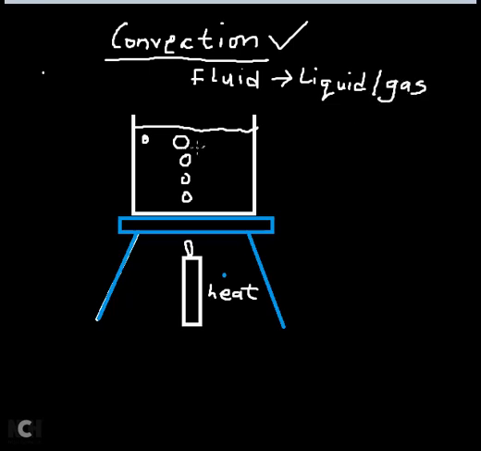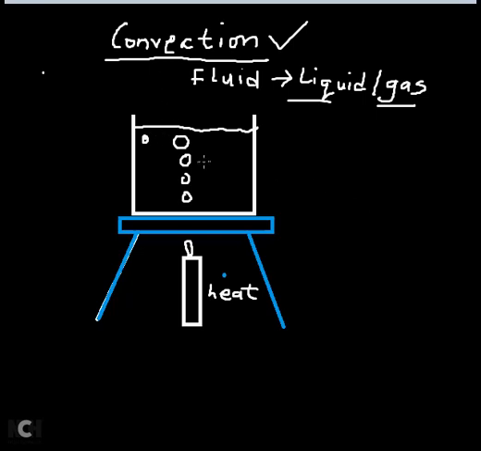So the heat transfer that takes place in a liquid or gas is regarded as convection. Such heat transfer takes place in a fluid by the actual movement of the molecules of this fluid from one part of the medium to another.